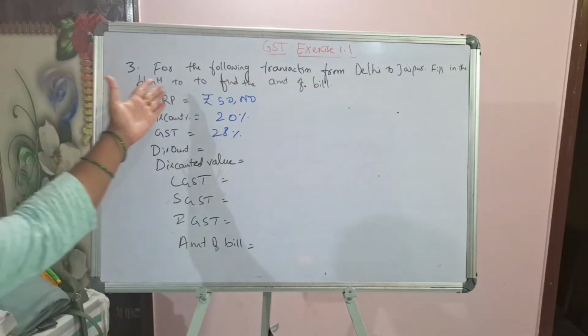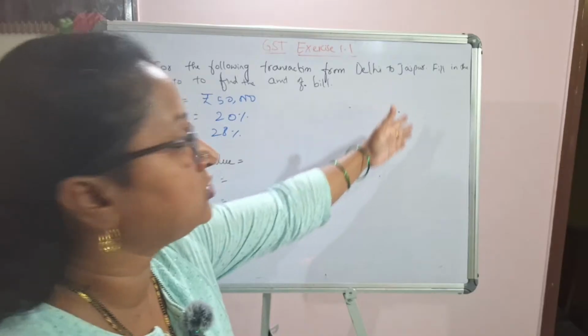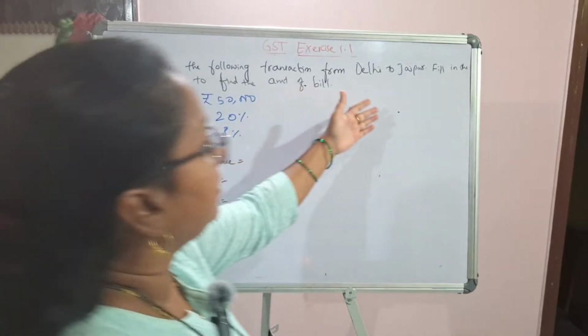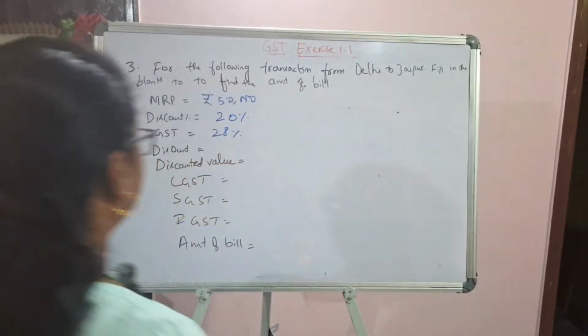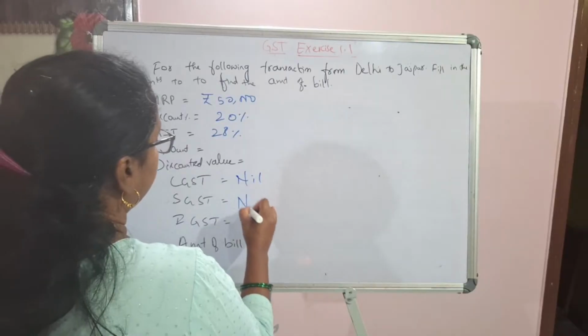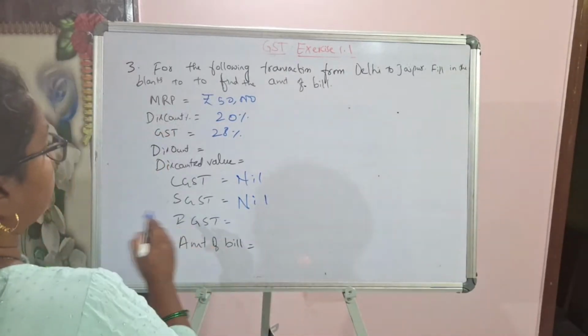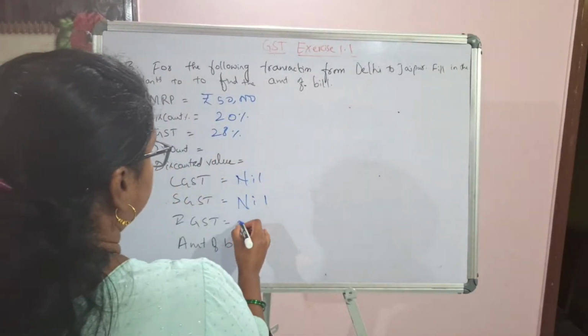Here, they have given that the transaction is from Delhi to Jaipur. That is, it is an interstate transaction. Then the CGST and SGST are nil. And the IGST is same as GST, that is 28%.